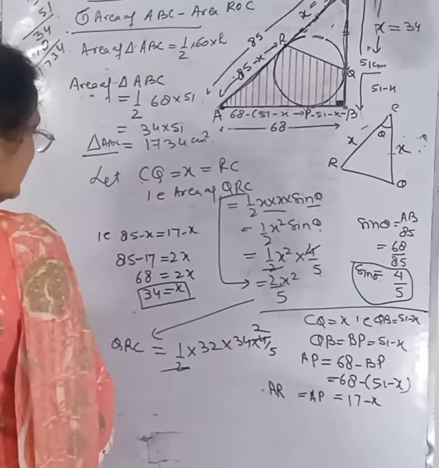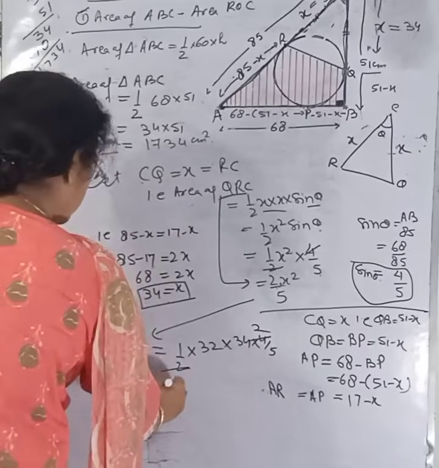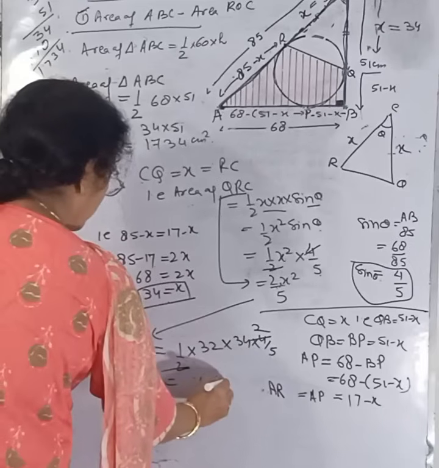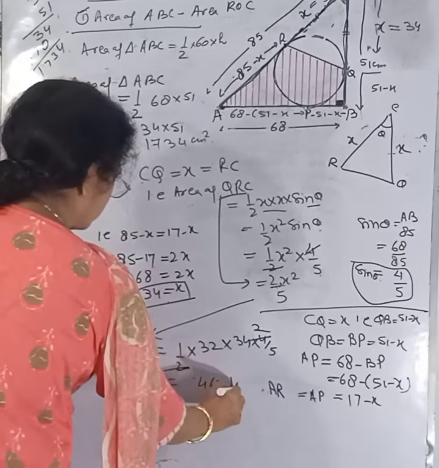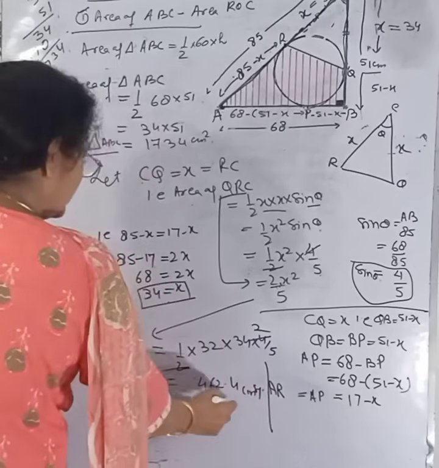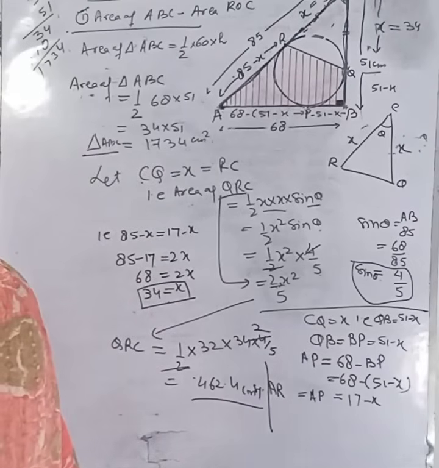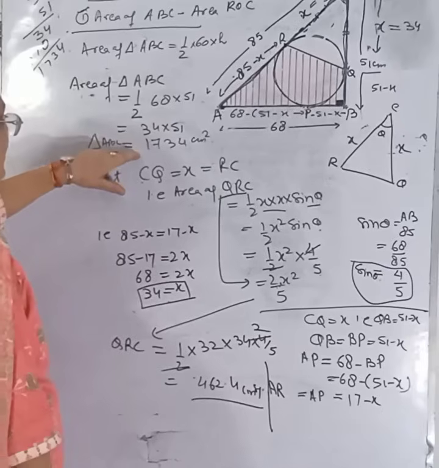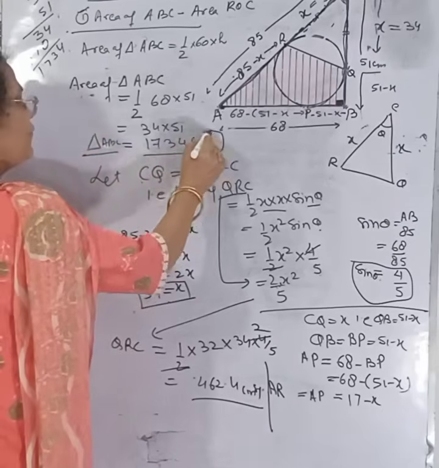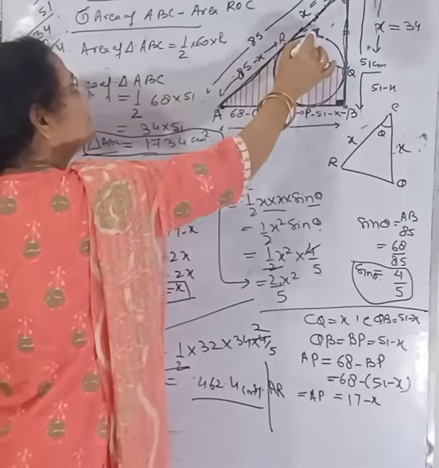This will be approximately equal to 462.4 cm square, if we calculate. Total area was 1734. Okay, total area was 1734, the area of ABC. This is the area of this portion.